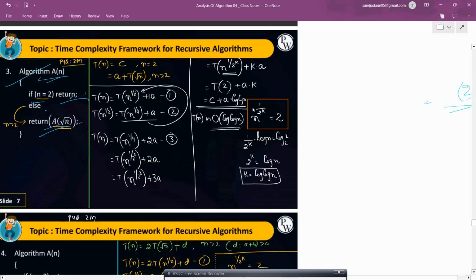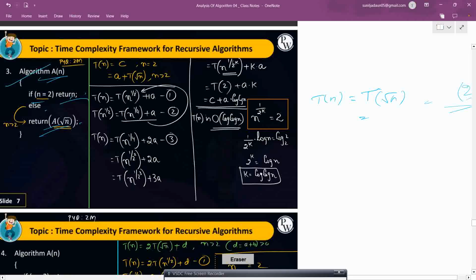So how do we do that? Let's see. Let's say this is T(n). It is going to be T of square root of n, right?